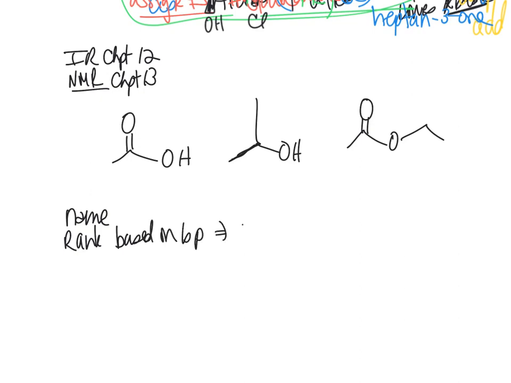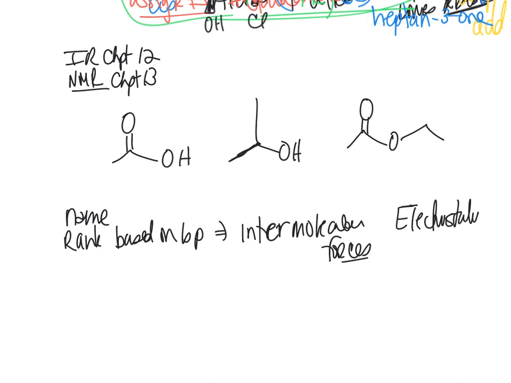And remember, the boiling points are your intermolecular forces. So you remember electrostatic are going to be the hardest ones to take the most energy to break. So these are going to be your highest boiling points and melting points. And then what's the next one?